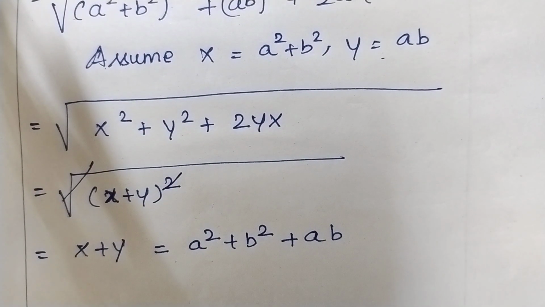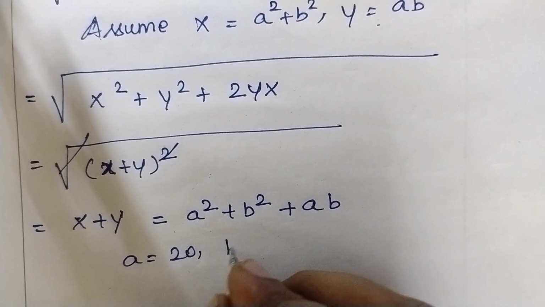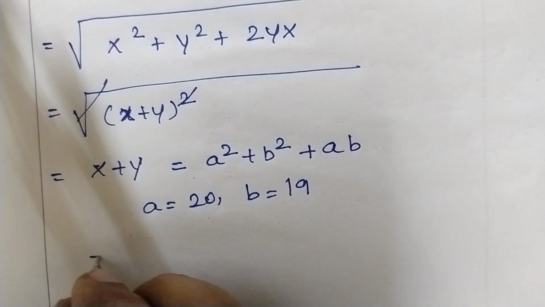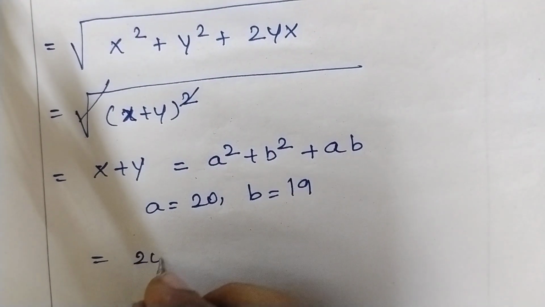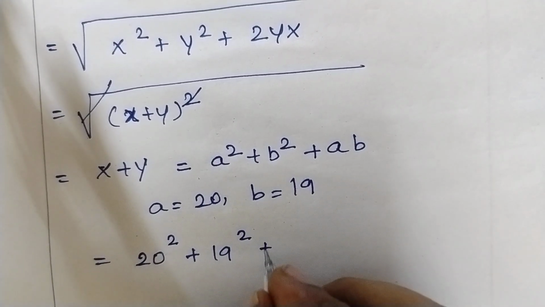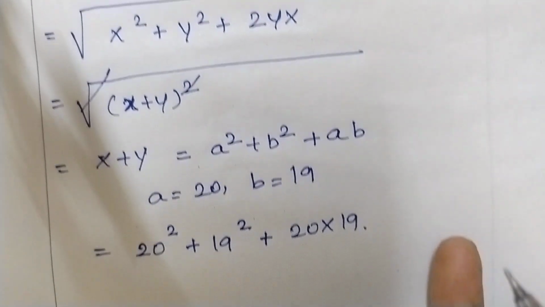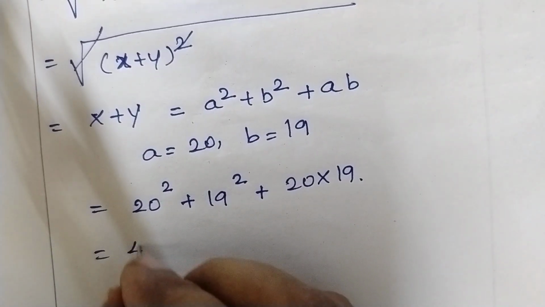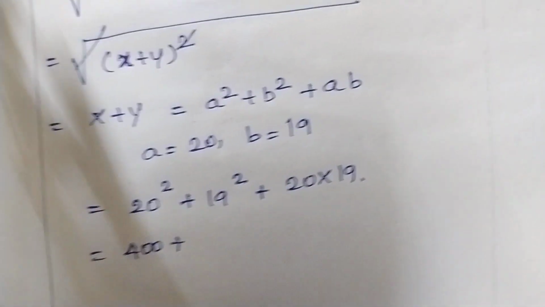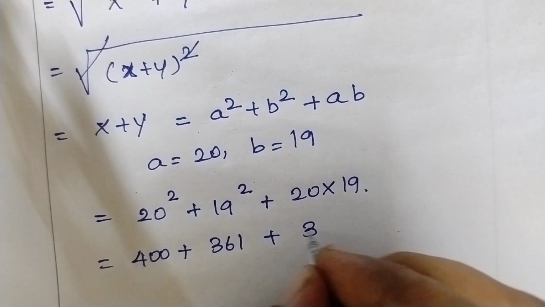So initially what we assumed, a is equal to 20 and b is equal to 19. Is it? So just substitute that value here. Therefore, which is equal to 20 the whole square plus 19 the whole square plus 20 into 19. 20 the whole square is 400. 19 the whole square we already found as 361, plus 20 into 19 is 380.